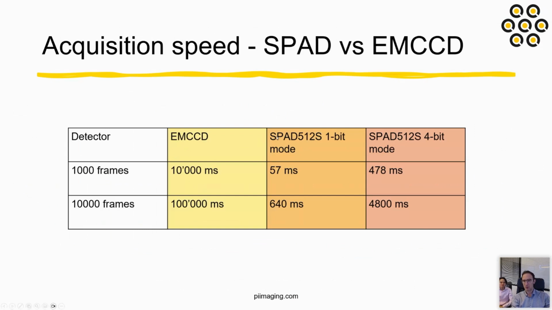So you can see in the 1-bit mode, we have a factor of 100 minimally. And if you go to 4-bit mode, then this trims down slightly, but the difference in the acquisition speed is just tremendous. Now imagine if you're doing either application development, system integration, or anything similar, how much this will help you.